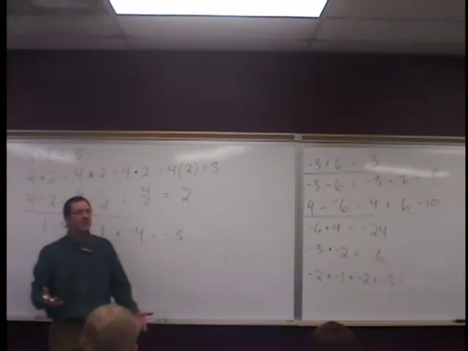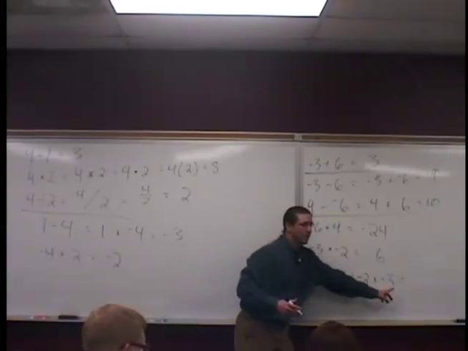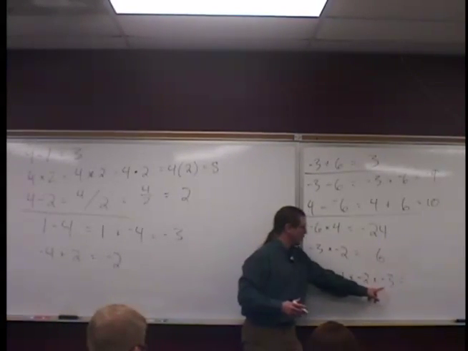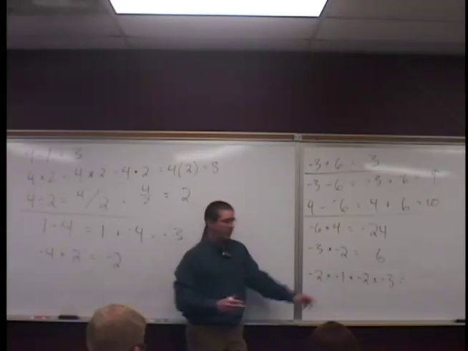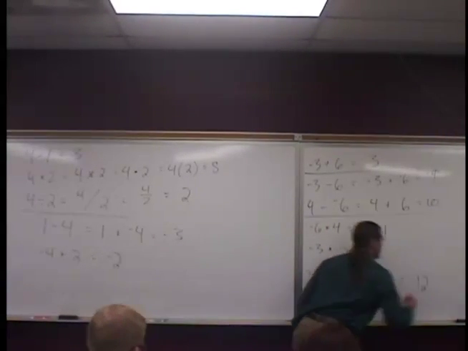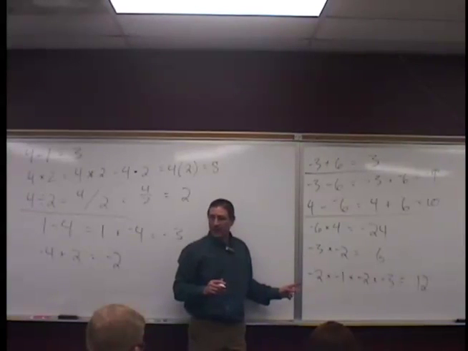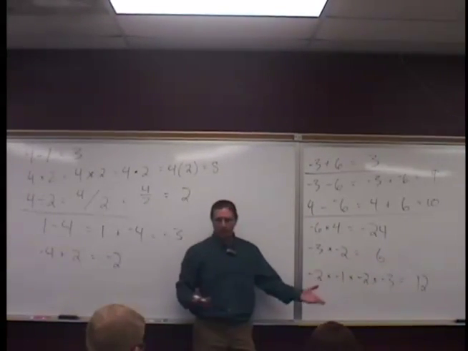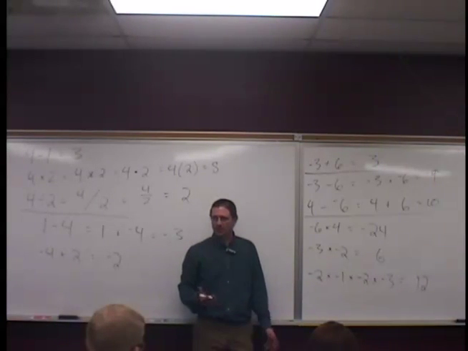Again, when you're dealing with these sorts of things, multiply all the numbers. 2 times 1 is 2, times 2 is 4, times 3 is 12. And then just determine, is it positive or negative? Count the minus signs. 1, 2, 3, 4. 4 is even. This winds up positive, okay?